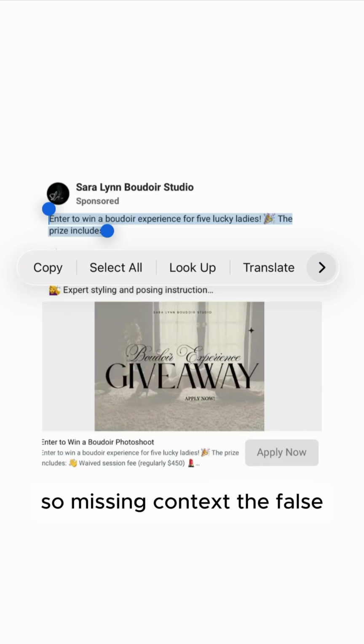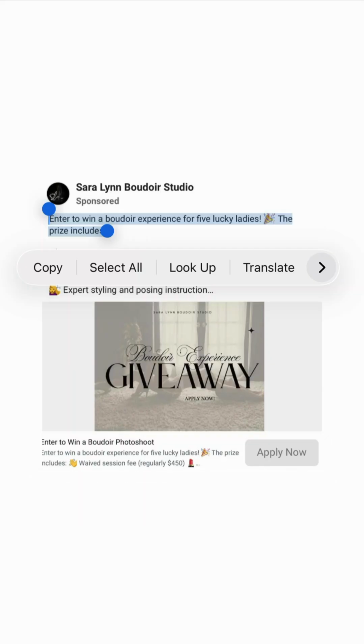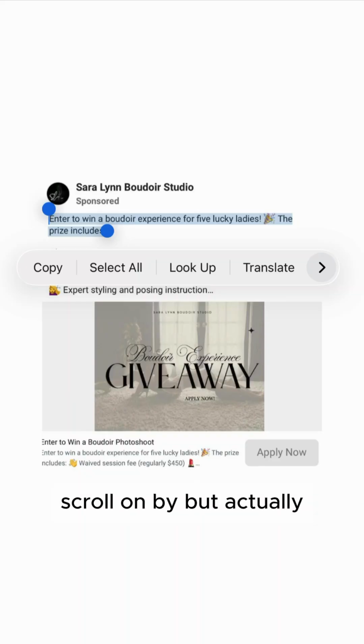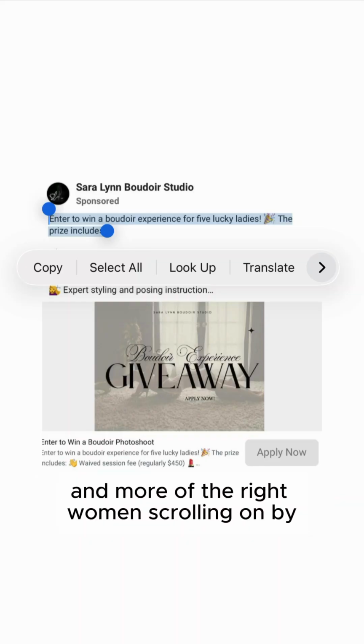So we're missing context. The false belief that caused us to make this mistake is that we believe we're providing enough context for the right women to click in and the wrong women to scroll on by. But actually, we're going to get more of the wrong women scrolling on by and more of the right women scrolling on by.